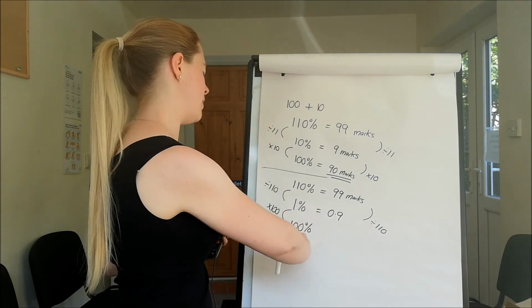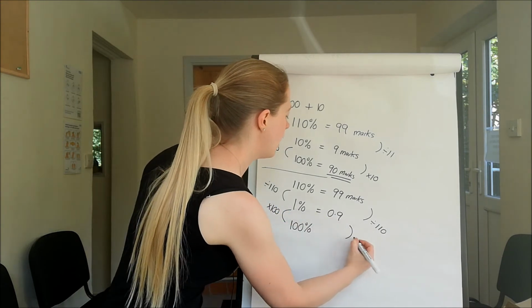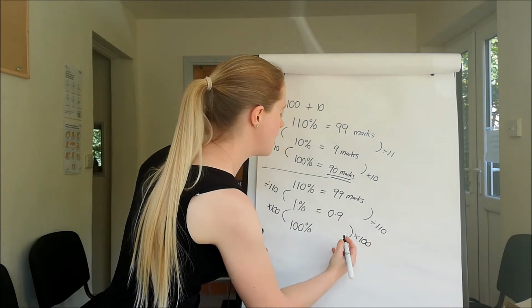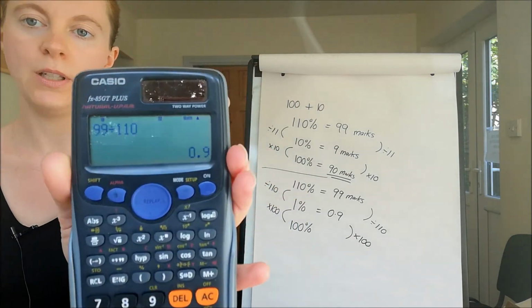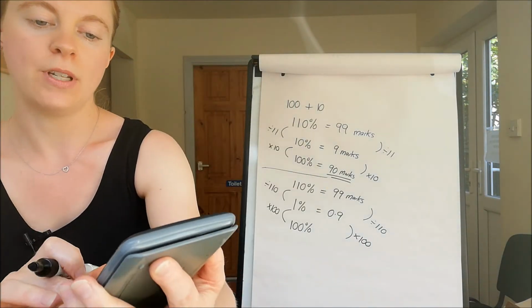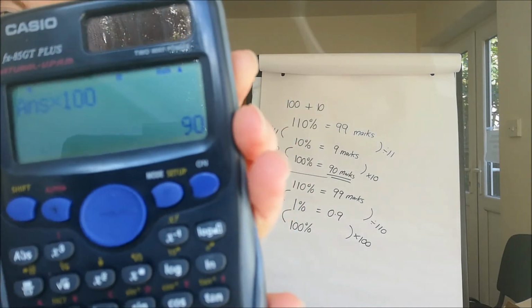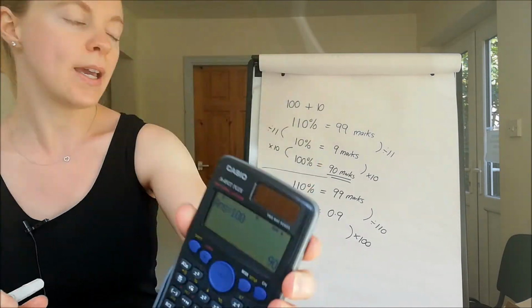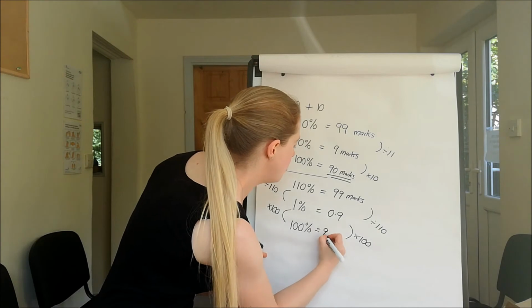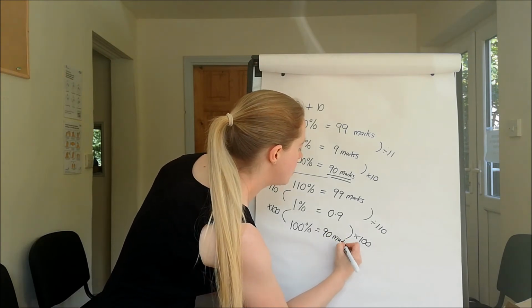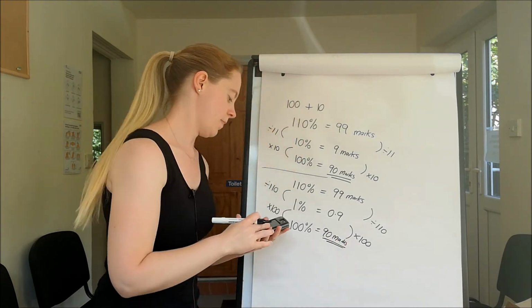And so because I'm timesing by 100 on the left, I can also times by 100 on the right. So leaving my answer on screen, I could then just hit times 100 equals, and that'll give me the same answer as before, 90. Okay? So 100% equals 90 marks.